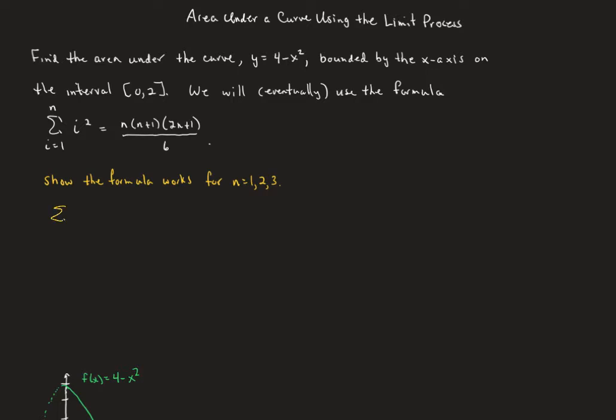So if we choose n to be 1, that means that i is going from 1 to 1 of i squared. So this 1 down below tells us where we start, and the 1 up above tells us where we're going to end. So we're going to start and end with 1 in this case.